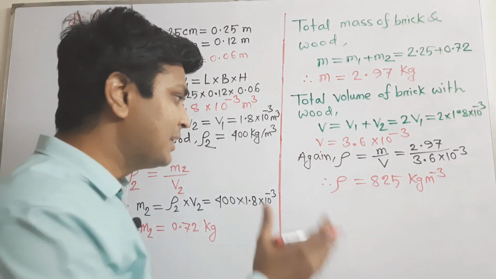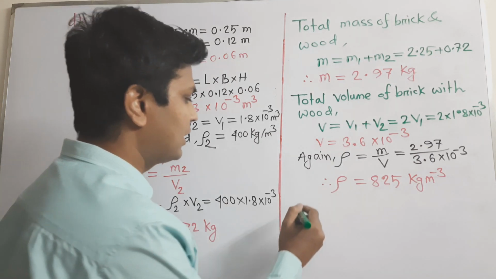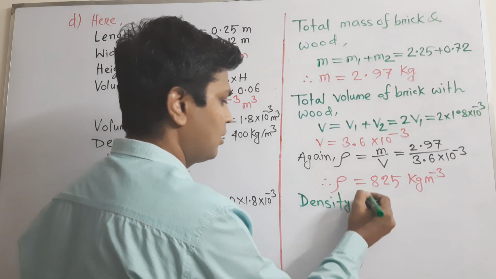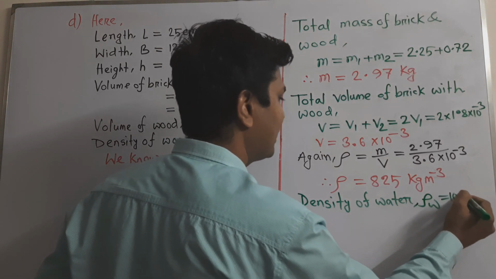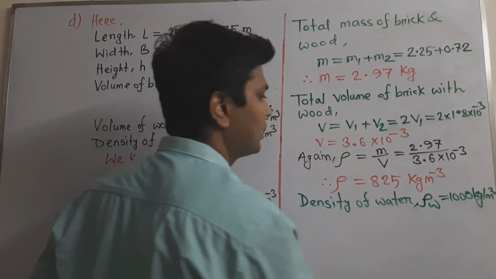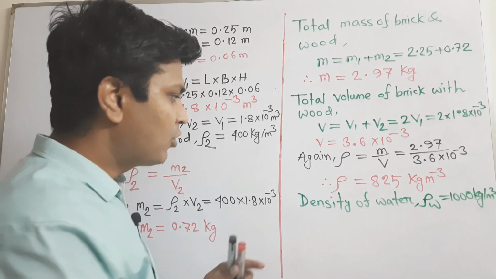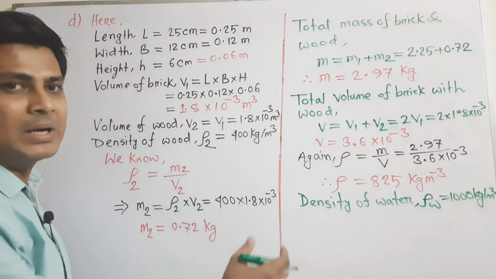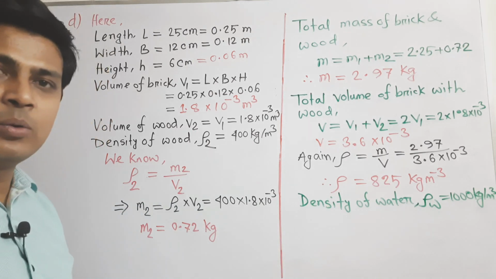And as you know, the density of water, rho W, is 1000 kg per meter cube. That's all, and that value is already given in the stem. Now if we compare the density of the brick with the wood and the density of water, then you can see the density of water is more than the density of the brick with wood.